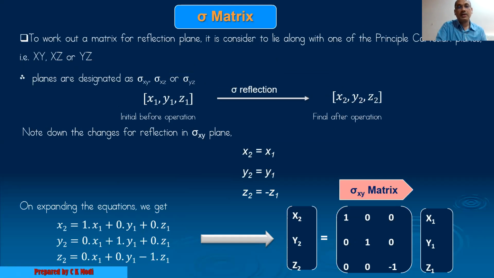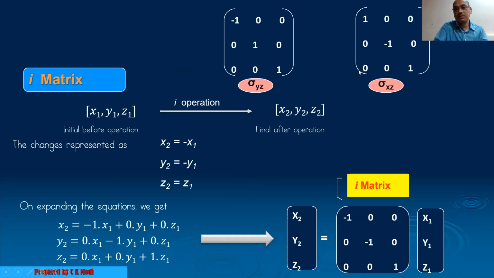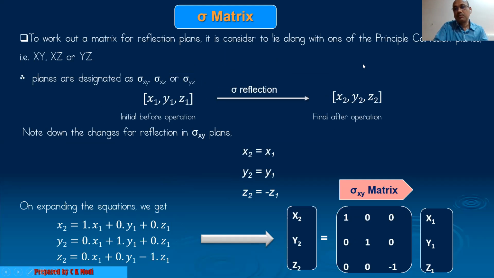Now the sigma matrix. What is the value of the sigma matrix? To work out the matrix for a reflection plane, the simple reflection plane is considered to lie along one of the principal Cartesian planes: xy, xz or yz.